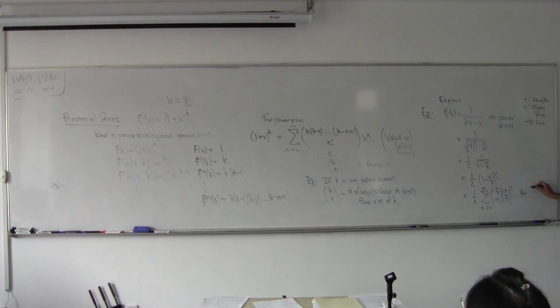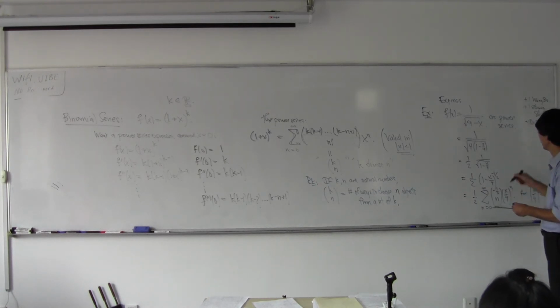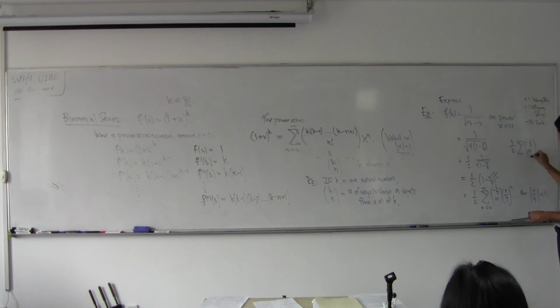And this is valid for the absolute value of x over 4 smaller than 1. In other words, x has to be between negative 4 and positive 4. Okay. Right. So you get 1/2 times the summation of negative 1/2 choose n, x to the n over 4 to the n, from n equals 0 to infinity. Right? And so that's your power series expansion.